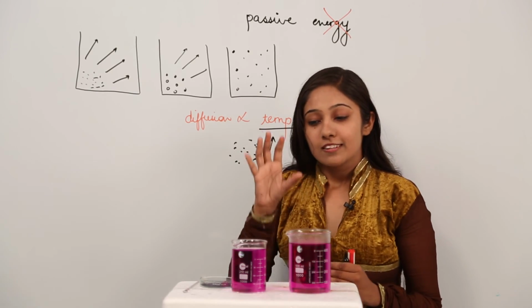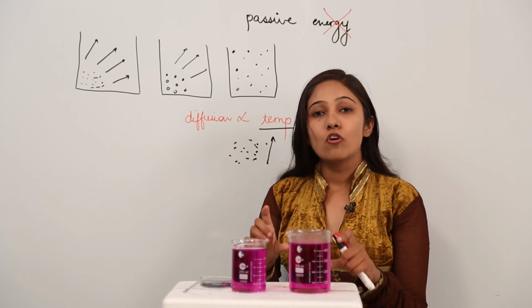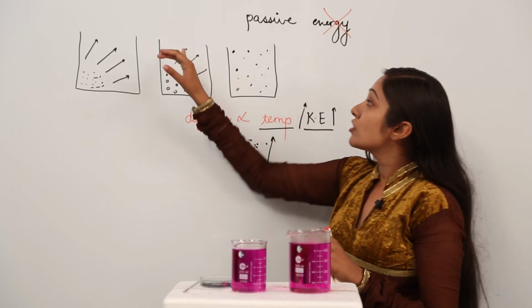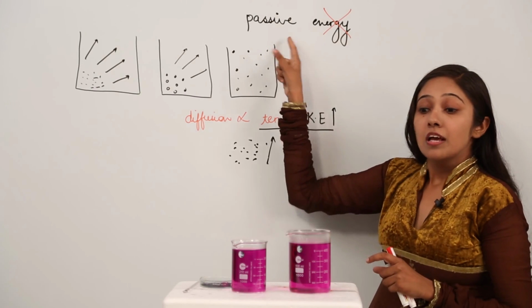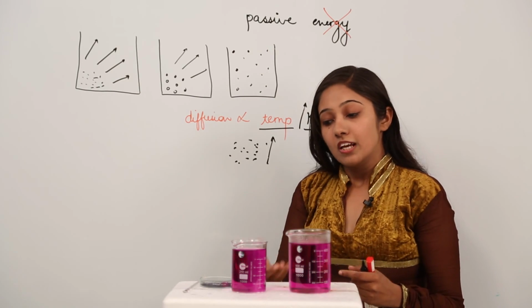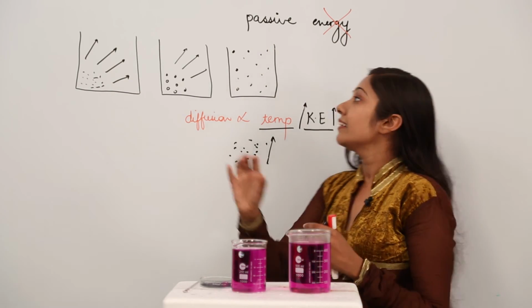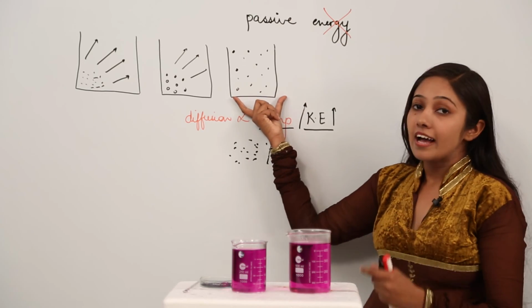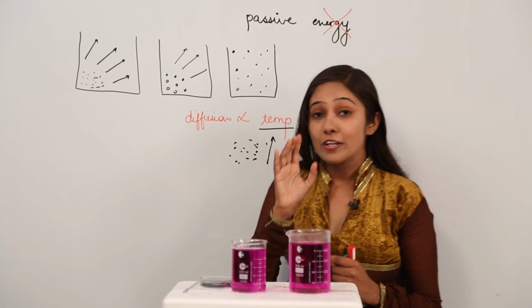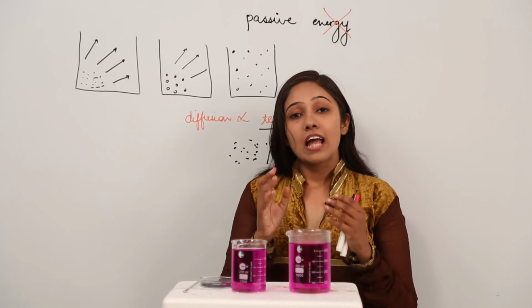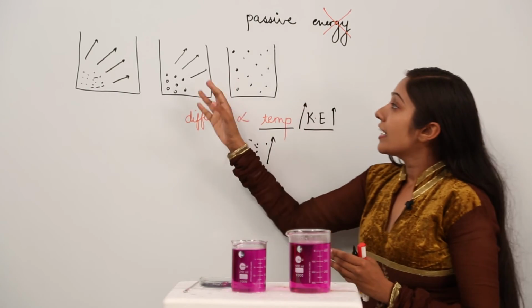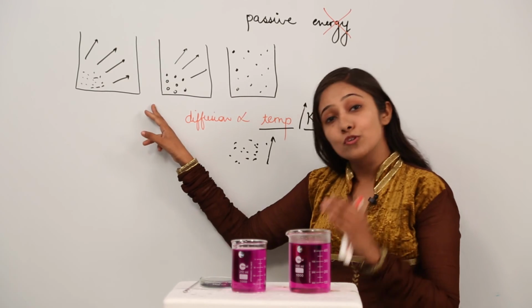So remember, my main idea of showing you this live was so that you have an idea about the passive nature of diffusion, because this is happening so randomly. We have just put in some crystals and they have spread evenly in the entire beaker. I hope this is going to help you. You can also try it in your labs at your places so that you have a fair idea about this diffusion process.